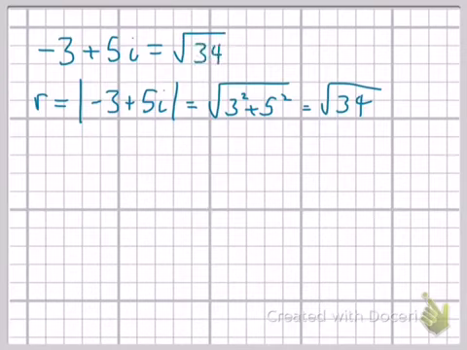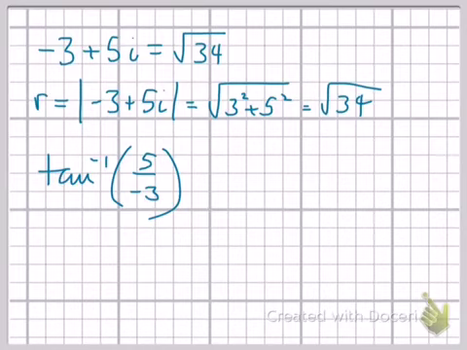How do I find the angle? Inverse tangent of 5 over -3. Inverse tangent of b over a, but I still have to place that angle in the second quadrant. So what is that angle? -59 degrees. That's a fourth quadrant angle.